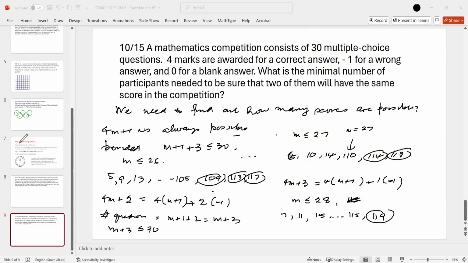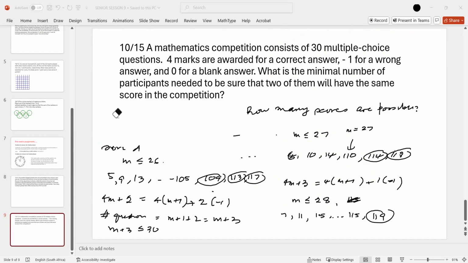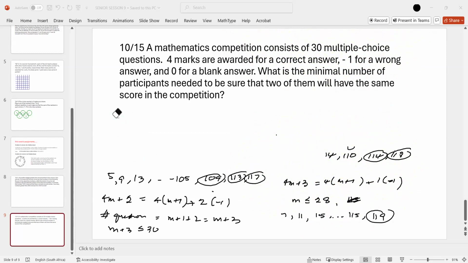Let me just summarize all this now. So we got 6 numbers which are not attainable, right? Now, how many numbers are there altogether from minus 30, the lowest, to the highest, 121? The highest possible number you can get is 120.